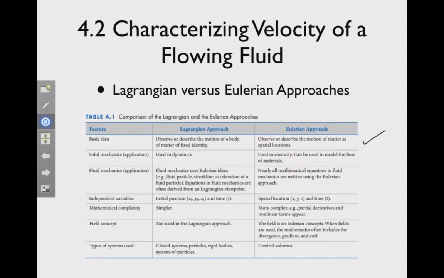Fluid mechanics tends to use the Eulerian ideas, although when we deal with control volumes later on in the course, you will see that we actually express the equations both in the Eulerian and Lagrangian approaches, but we set them equal to each other. This is also important here, that the initial position in the Lagrangian approach is given, and in the Eulerian we're actually given the spatial locations of the places that we're watching the flow.